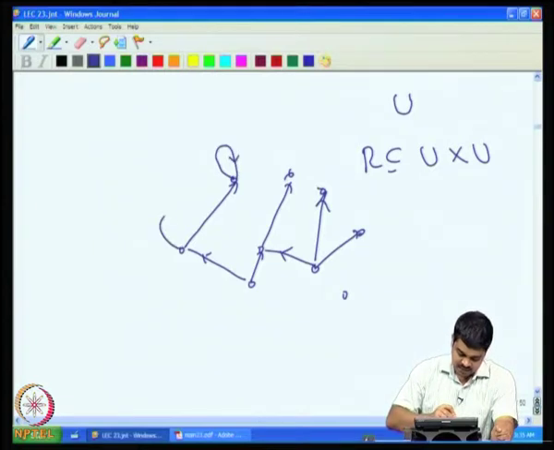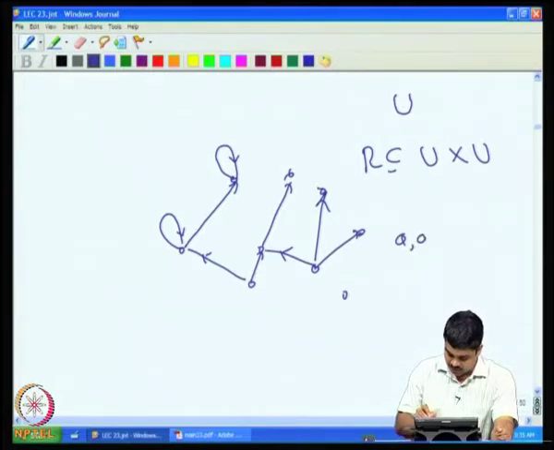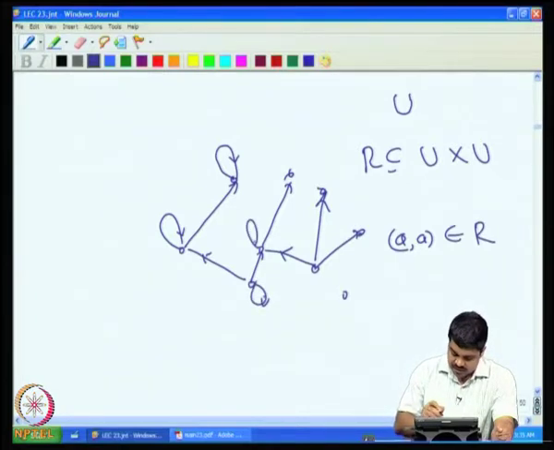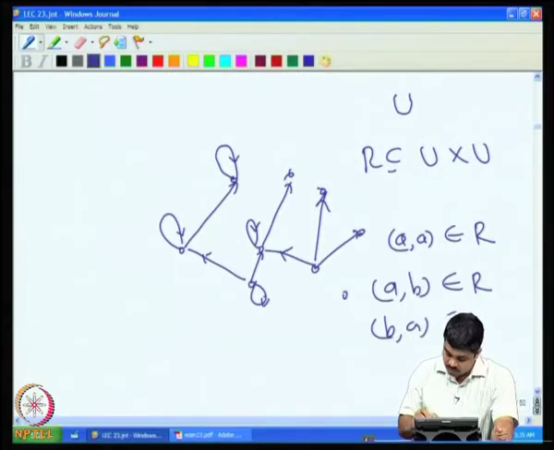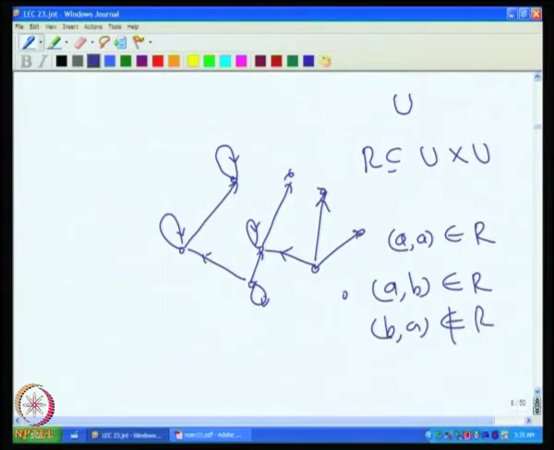One is reflexivity, that means a vertex is related to itself, (a, a) belongs to R. The other is antisymmetry, that means if (a, b) is an element of R, then (b, a) should not be an element of R unless a and b are equal. Which means that if you draw an arrow from this vertex to this vertex, we should not draw the reverse arrow also. So, if you represent it using a directed graph, the relation is a directed graph.